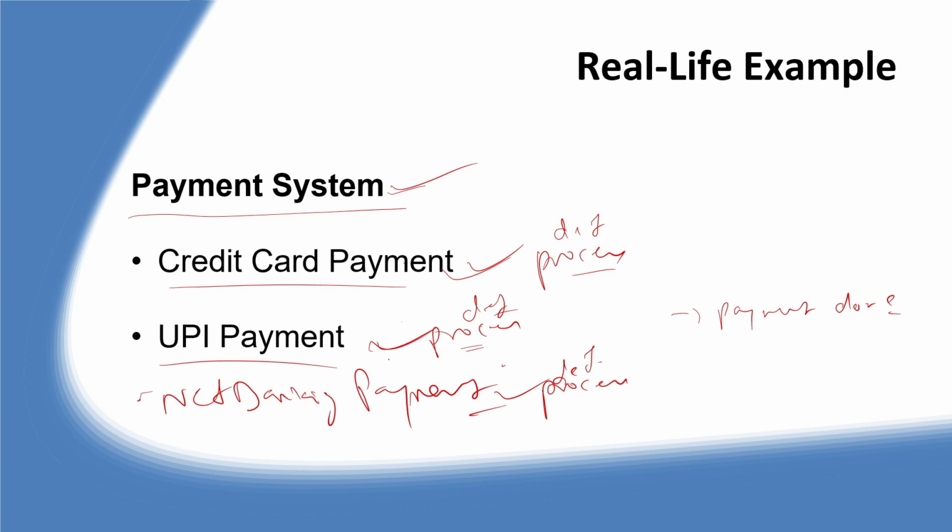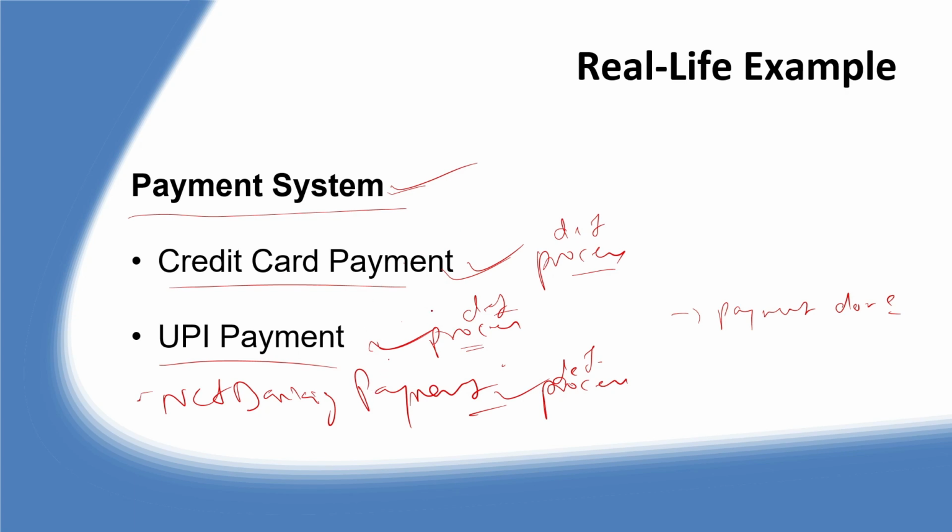A credit card payment follows one process, UPI payment another, and net banking another. So each payment has its own implementation, but the method name will be the same.